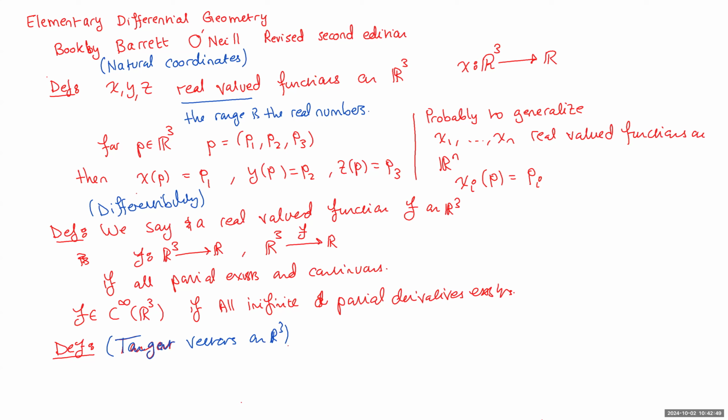What are they? A tangent vector vp consists of 2 points, v, which is the vector part. That thing makes sense.